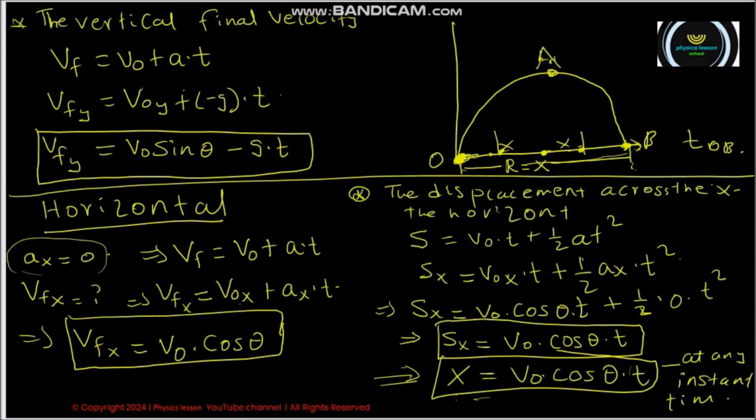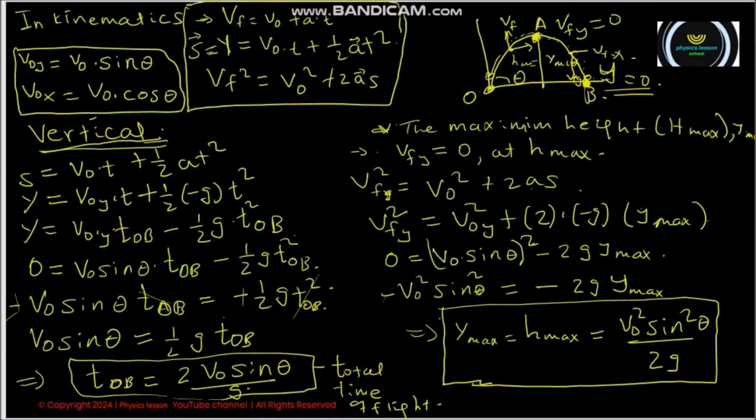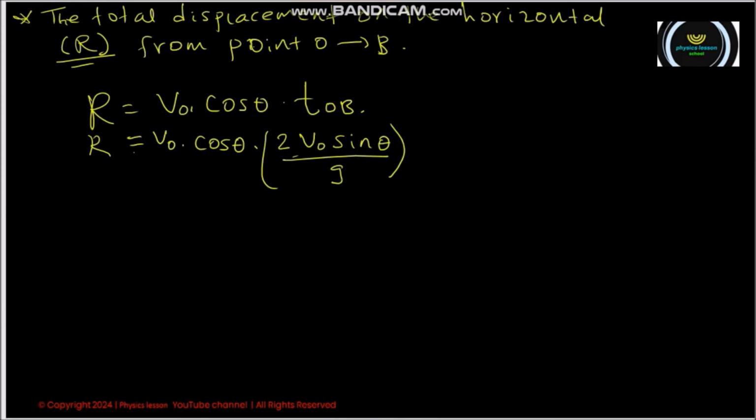We are not using this time, just the total time of the whole trajectory, from when the object starts until it arrives at point B. We use the total time of flight, which we already calculated here.